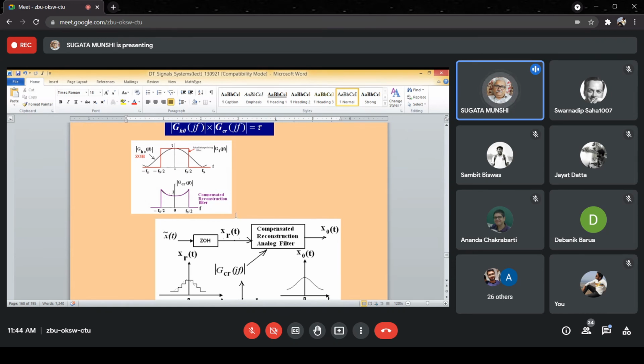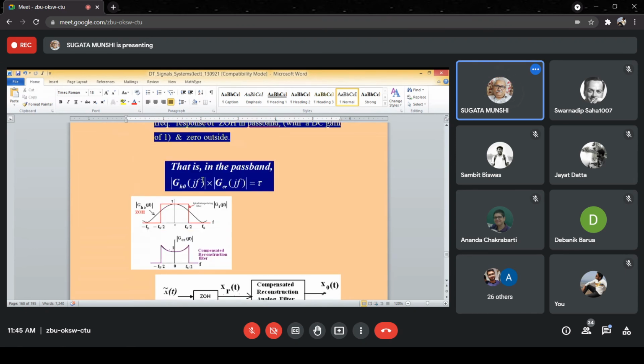A discrete time filter is placed before that, which can be made to have almost that type of characteristic. So in this way, compensation can be done to a considerable extent. All right. So write this part.